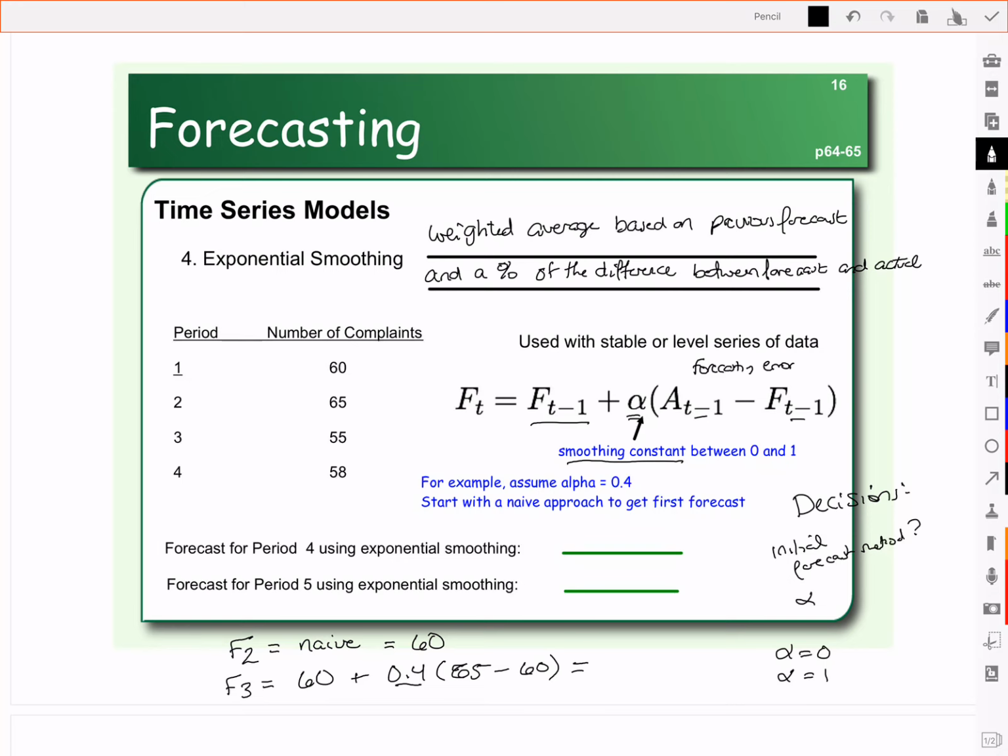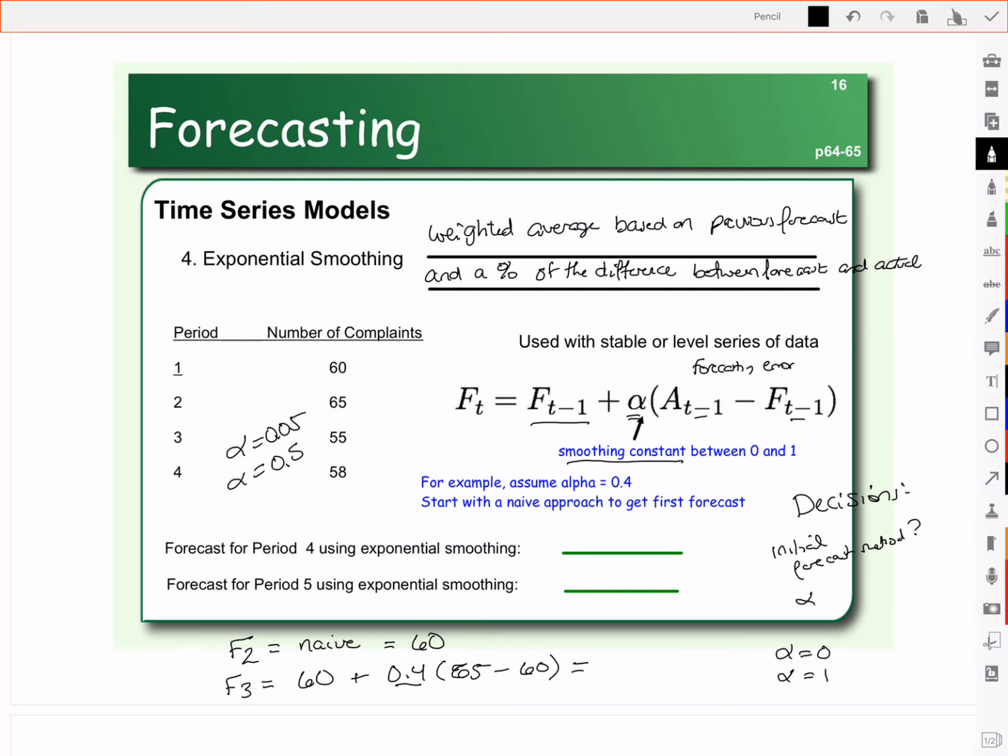The closer to 0, the more smooth it becomes. And if it's an alpha of 0, essentially you have your naive forecast. So let's look at an alpha of 0.4. Common alphas, often people use alphas of 0.05 or 0.5. Okay, or somewhere in between there, depending on how responsive you want to be.